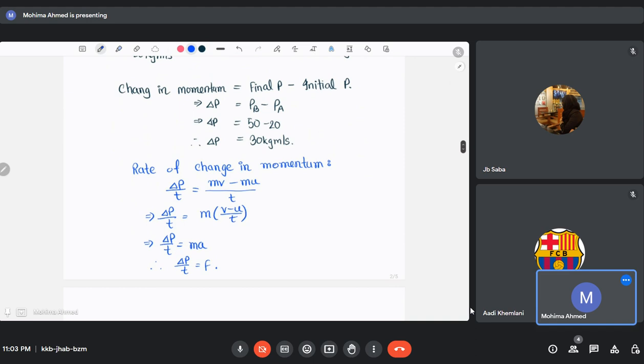Can anyone tell me the overall definition of Newton's second law? What was Newton's second law? Second one, you said?